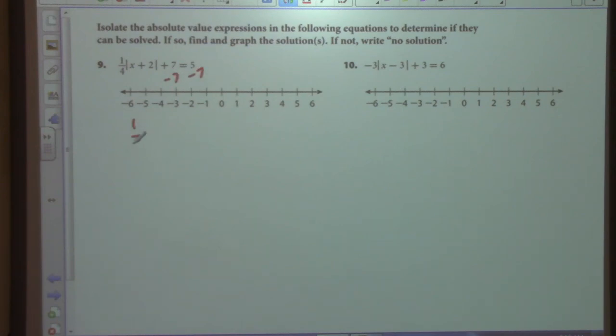We get 1/4 times the absolute value of x plus 2 equals -2. And then if we multiply by 4, to cancel out that 1/4, we get the absolute value of x plus 2 equals, is it -8? Yes.